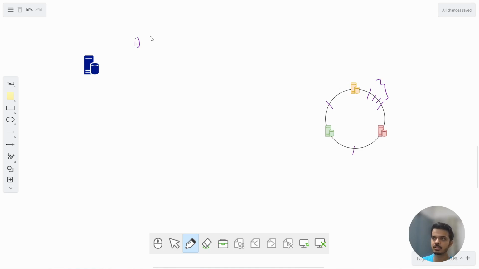How to ensure equal partition size, and next, how to ensure uniform key distribution on the hash ring. These two are the problems.